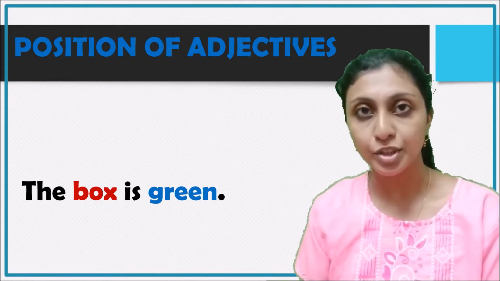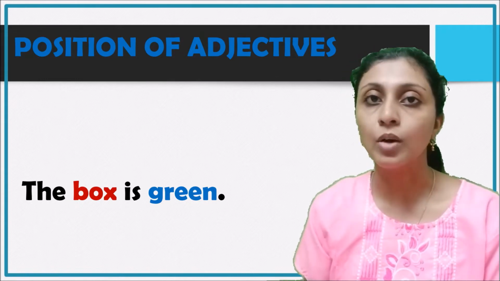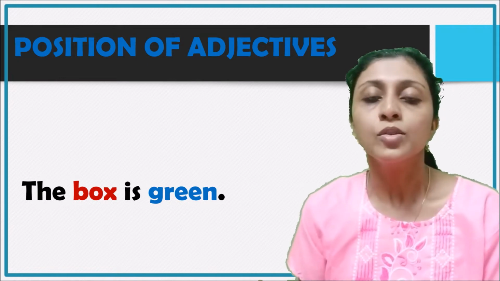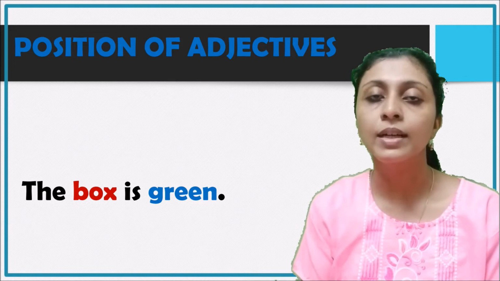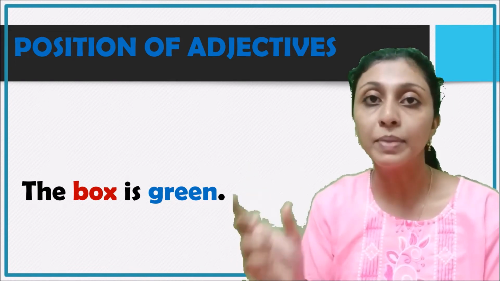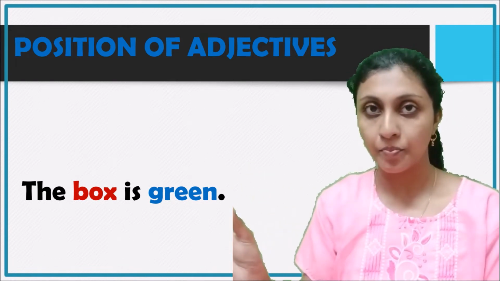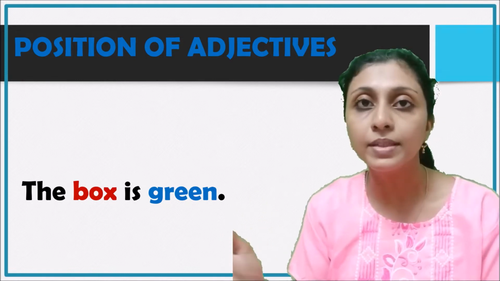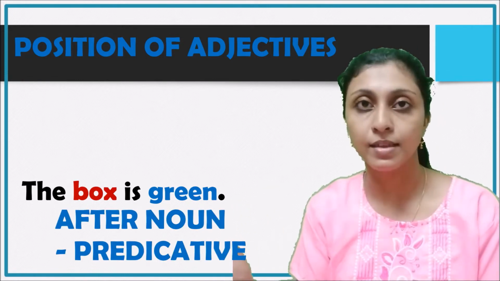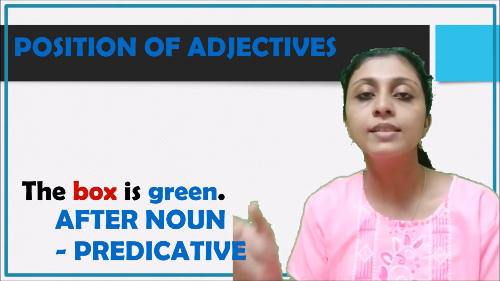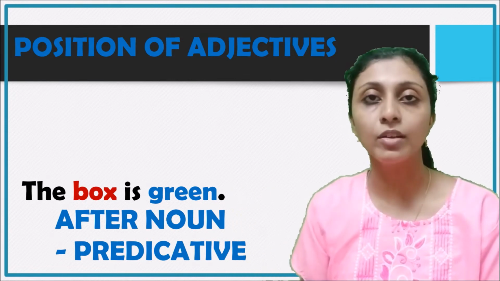So green is the adjective that comes after the noun box. In this case, the adjective green is completing the whole sentence, which means it acts predicatively. It is acting as a complement of the sentence. The adjective green acts as a complement of this particular sentence.